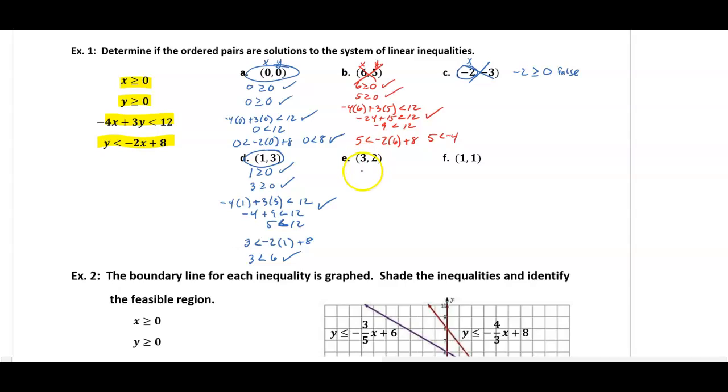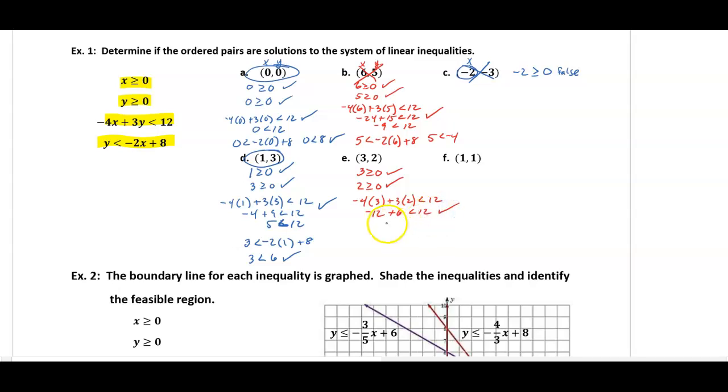Letter E. Check it out. Is 3 greater than or equal to 0? We're good. Is 2 greater than or equal to 0? That's good. Is negative 4 times 3 plus 3 times 2 going to be less than 12? Is negative 12 plus 6 less than 12?